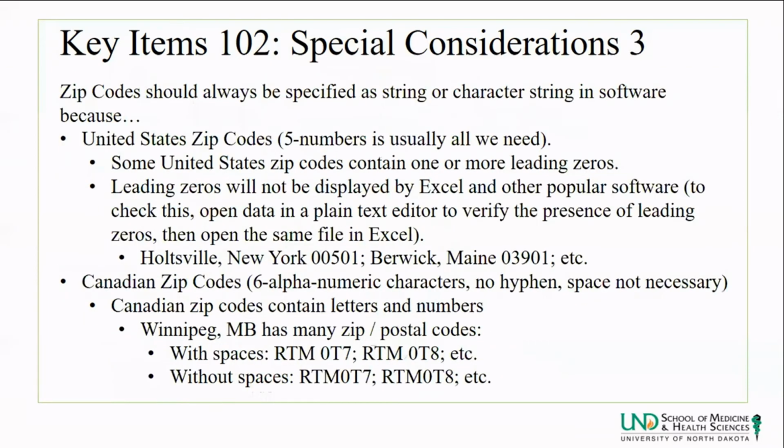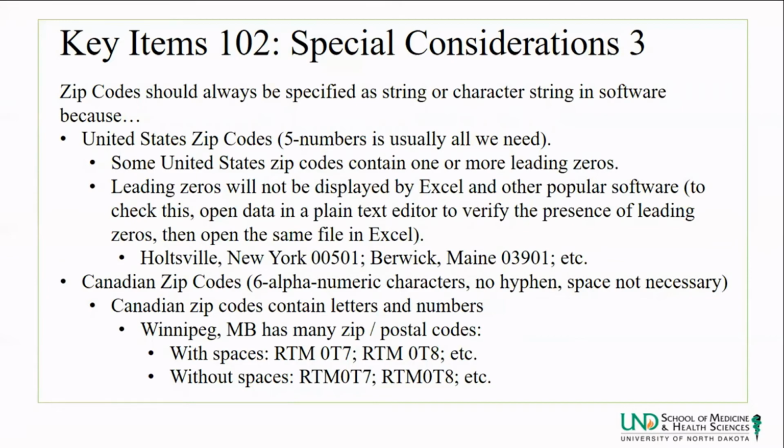All right, the last thing is zip codes. Typically, with respect to the EPI profile and the data sets used in it, we really only need the 5 numbers for US zip codes. We don't need the +4 extension, okay?